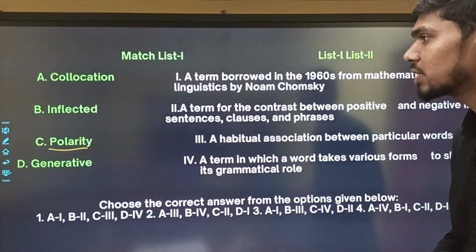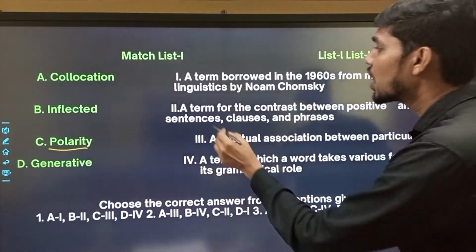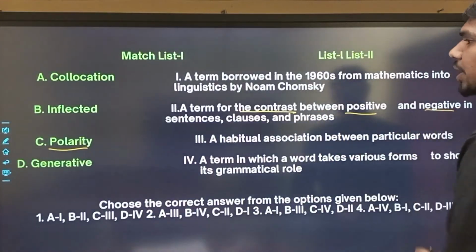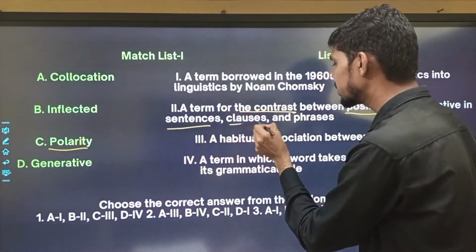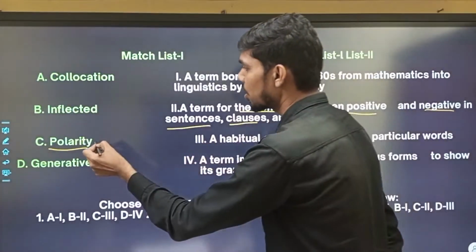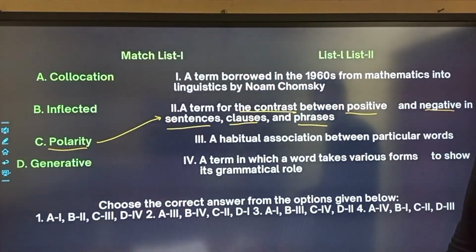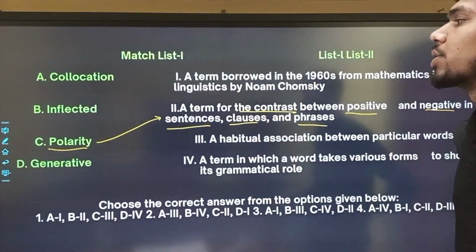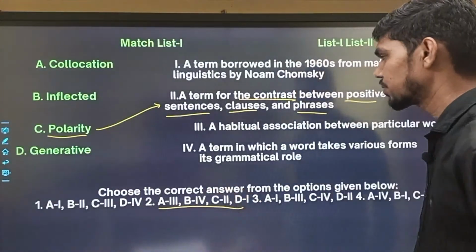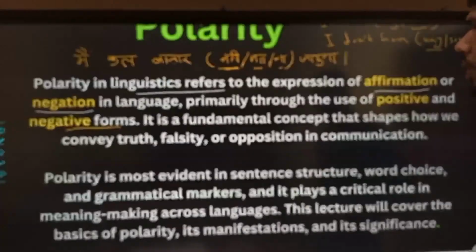As we have discussed, polarity is a term for the contrast between positive and negative in sentences, clauses, or phrases. So this is polarity, and the correct option will be when we match C to this second. Okay, this is the correct answer here.